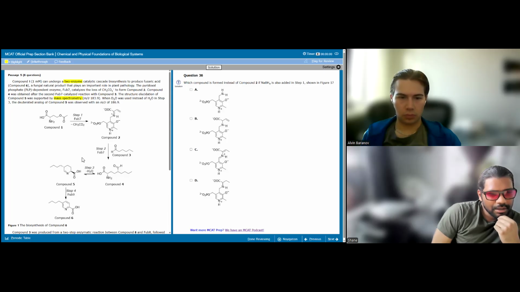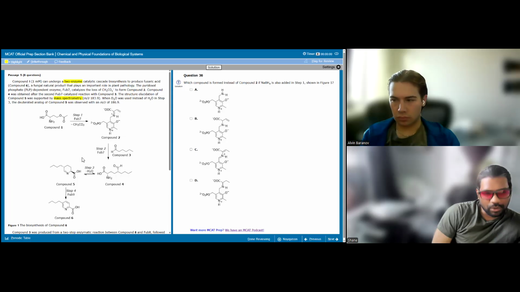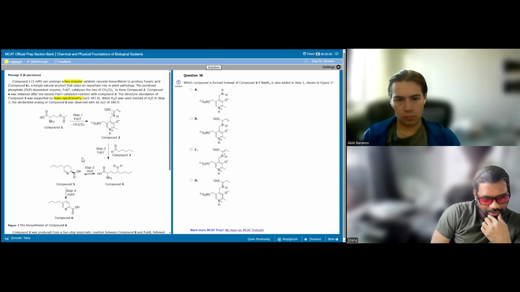When deuterium water, instead of regular water, was used in step 3. Step 3, we keep going, making rings, unmaking rings.